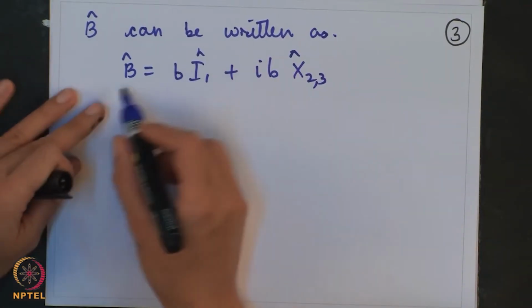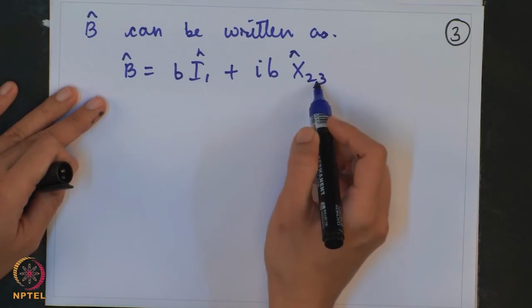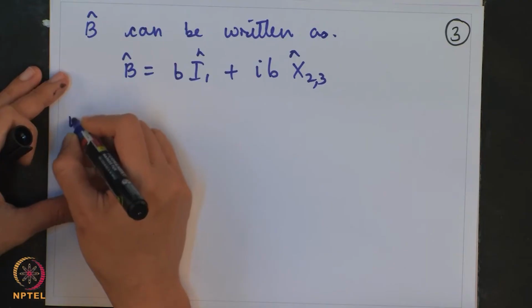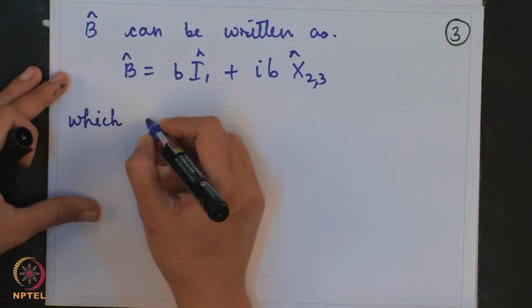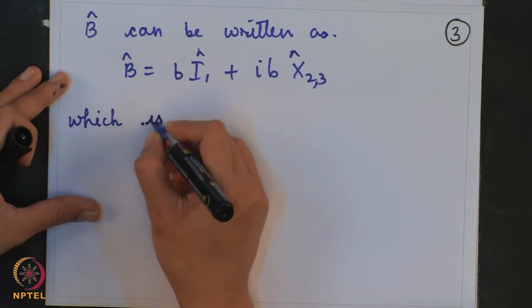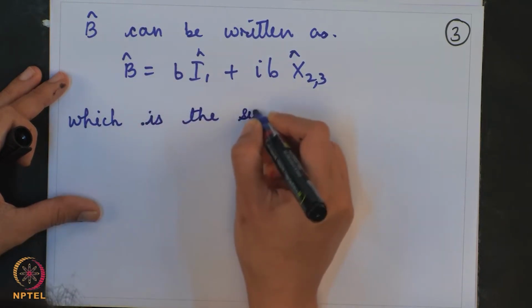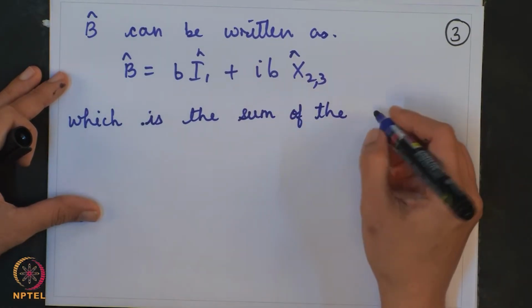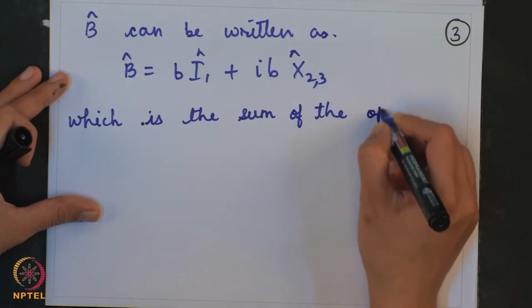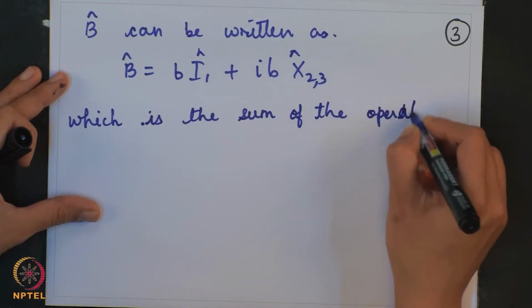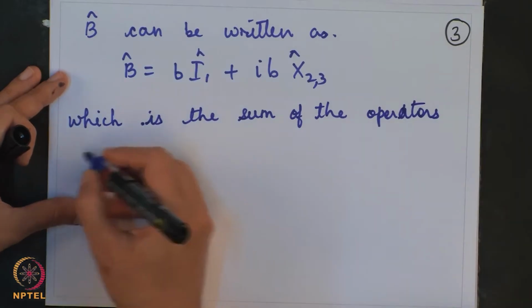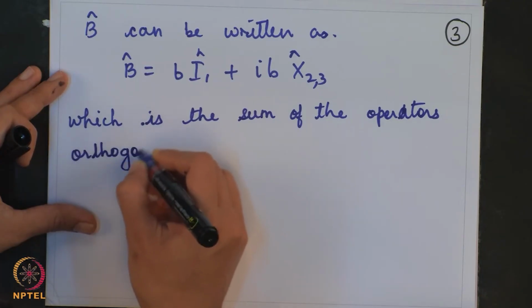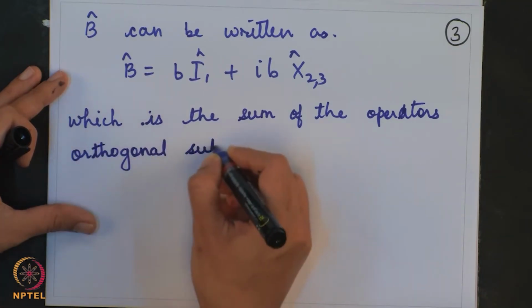This can be written as B times the identity plus the new operator, and this forms the sum of operators which act on orthogonal subspaces.